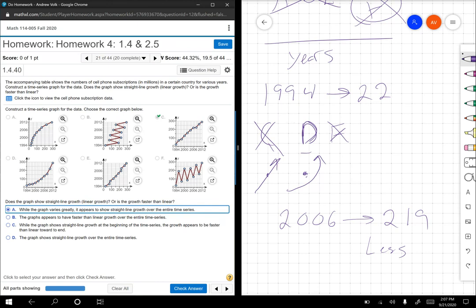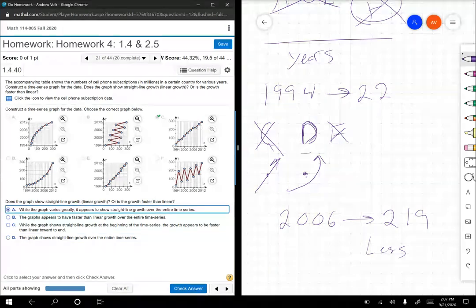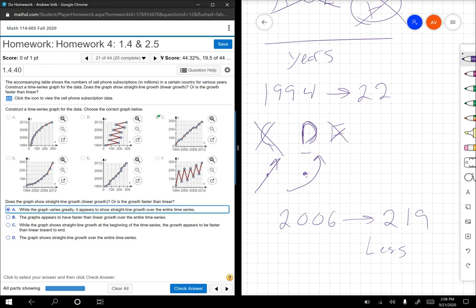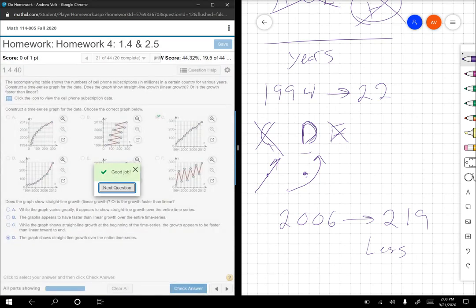That's not what I see when I look at C, it doesn't appear to be faster. So I'm going to say it shows straight line growth over the entire series. I wouldn't say it varies greatly. It's kind of going pretty steady. So I'm going to try D. I'm not 100% sure, but I'm going to go for D. Yay.